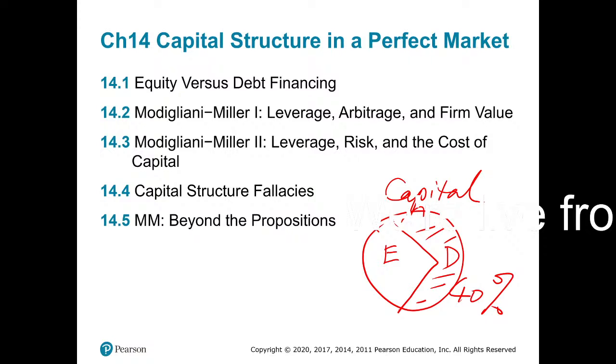So what's the corporate tax rate right now? 21%. It was 40% a few years earlier. In 2017, President Trump had the Tax Cut Act and reduced the corporate tax rate from 40% to 21%.